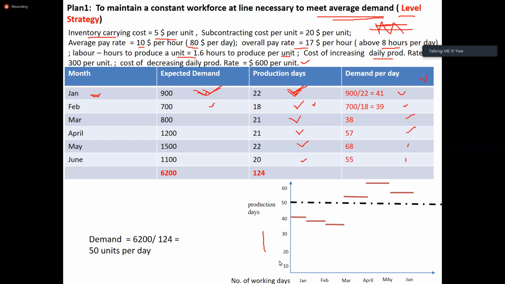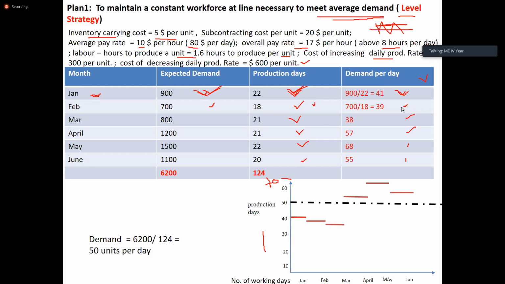You can see 10 to 60. Because it is varying to a maximum of 70, you can have one more 70. I just plotted the points. In January my per day demand is 41, so I plotted one point here.